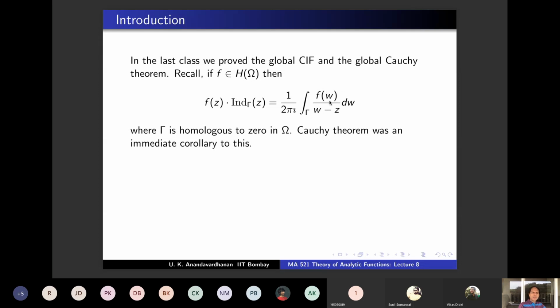The right hand side is just the integral of f(w) dw and the left hand side is 0. So the Cauchy theorem follows from the Cauchy integral formula quite easily.